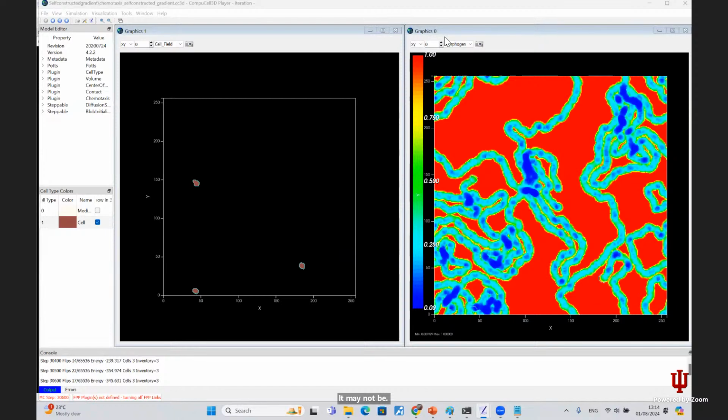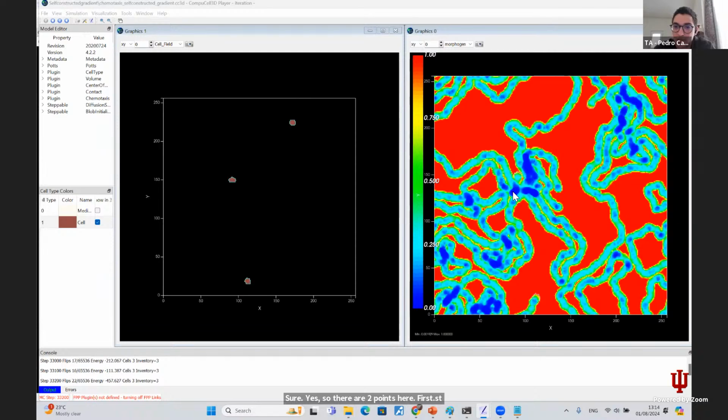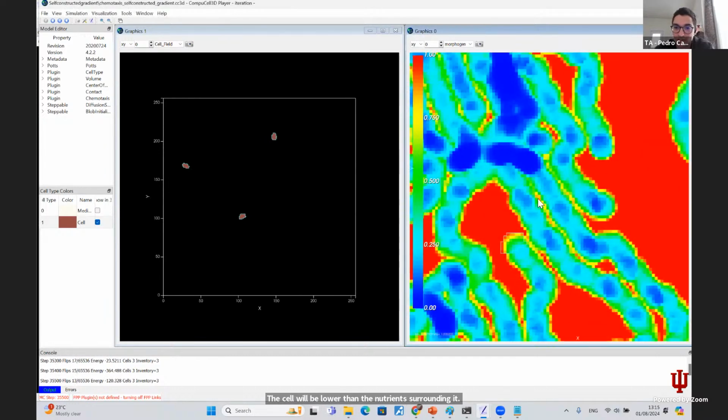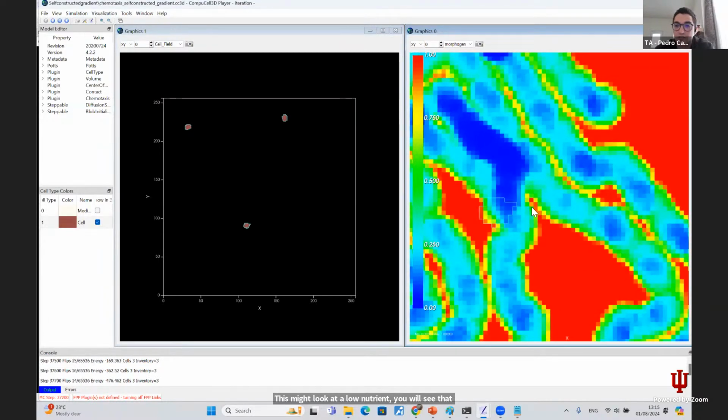Sure, yes. So there are two points here. First, when they get stuck here, for example, this one, it gets stuck for a moment, but soon the nutrient inside the cell will be lower than the nutrients surrounding it. So even though this might look like a low nutrient region, you will see that this becomes very blue very quickly, and then the surroundings are higher concentration.